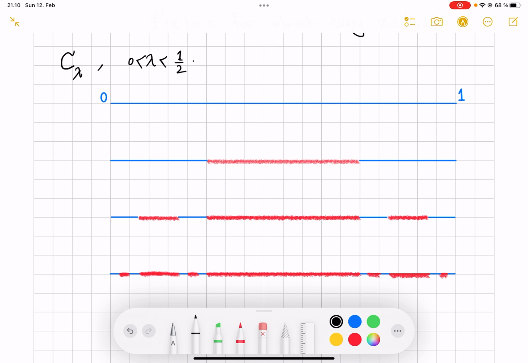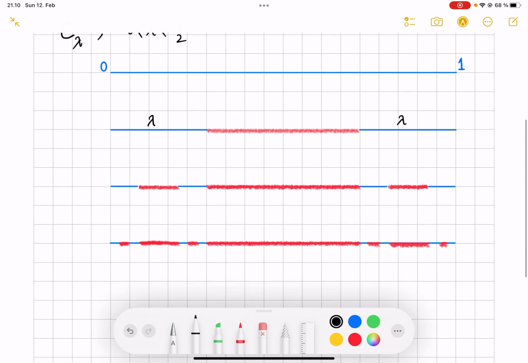So remember, you start with the segment 0, 1. You remove the middle so that you end up with two equal line segments, both of length lambda. And then you keep the same ratio so that you will have lambda squared remaining from this blue.